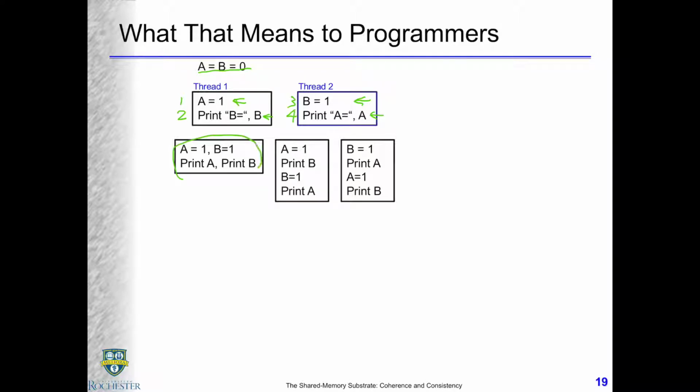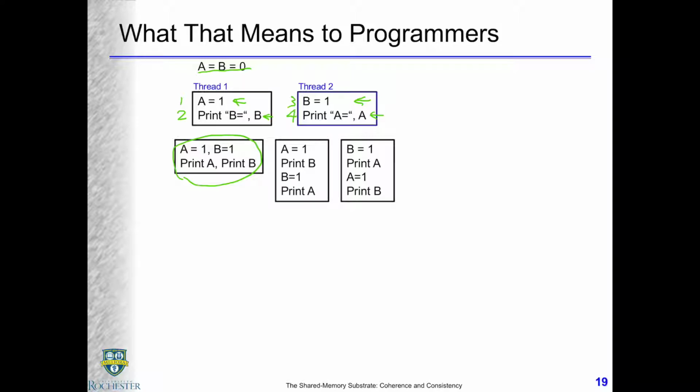So that's represented here. So basically in this situation, both updates finished before either of the read statements. And you can obviously see that the result of this would be A equal 1, B equal 1. The other interleavings are shown over here.